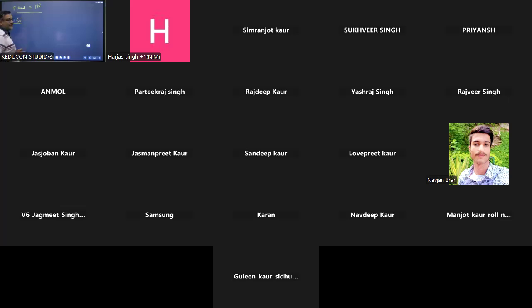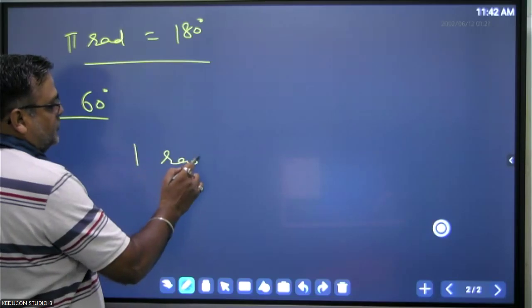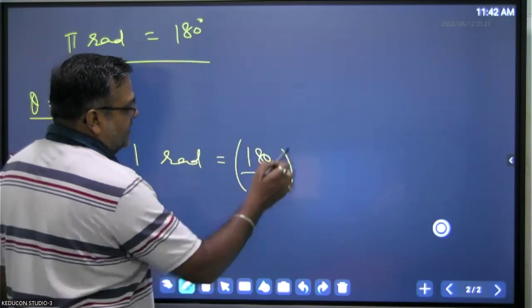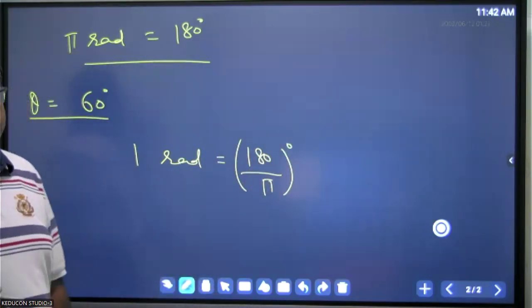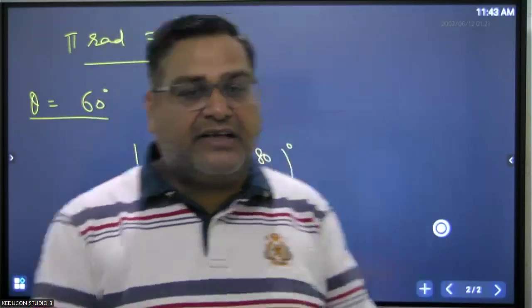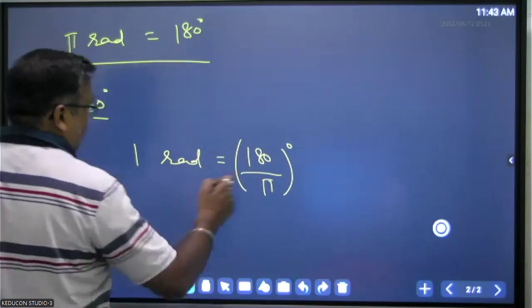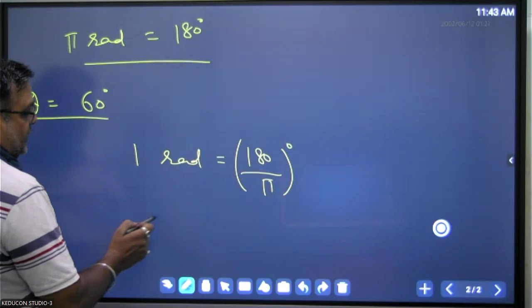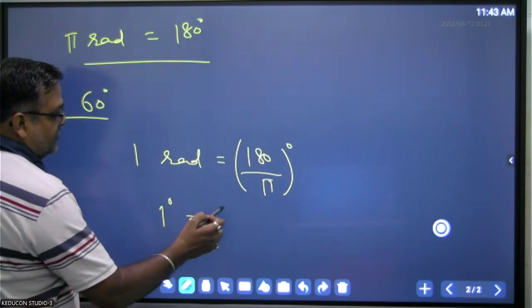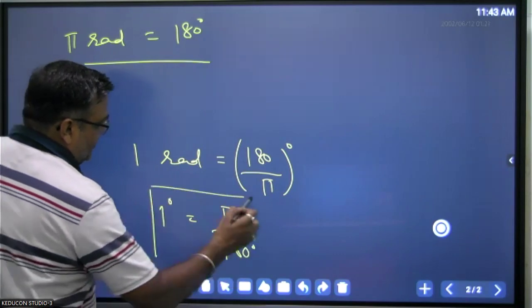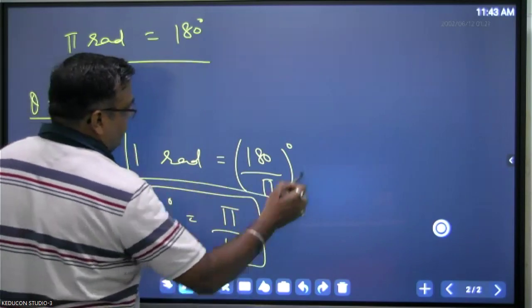Now pi radian is equal to 180 degree, so 1 radian will be equal to 180 by pi degrees. Here we take the value of pi as 22 by 7 and then find the value of the angle in radians. If you have to convert from degree to radians, 1 degree will be equal to pi by 180 radians. So these are the two conversion methods.